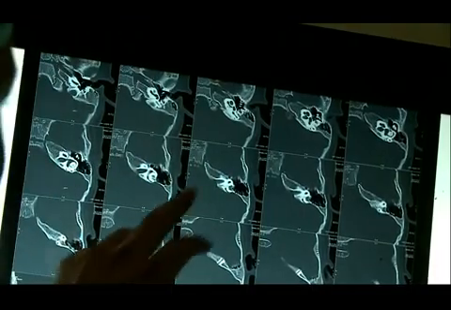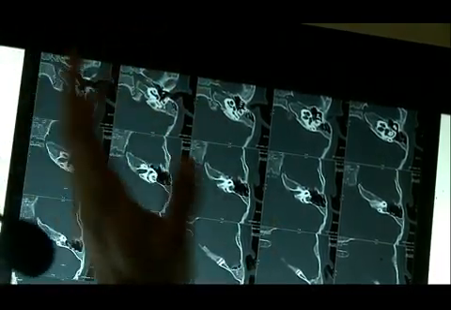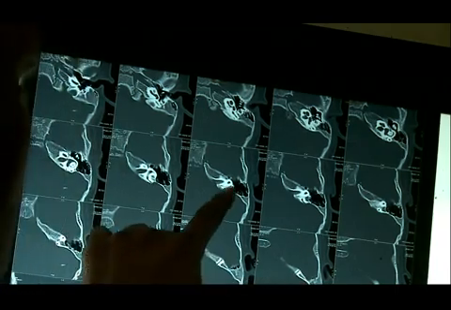Now, from the intra-auditory canal size, one can assume that all 4 nerves should be normal. But studies have been done in patients having normal intra-auditory canal size but cochlear nerve deficiency. So don't rely on the intra-auditory canal size for the presence of the cochlear nerve. You have to see the cochlear nerve per se on MRI.